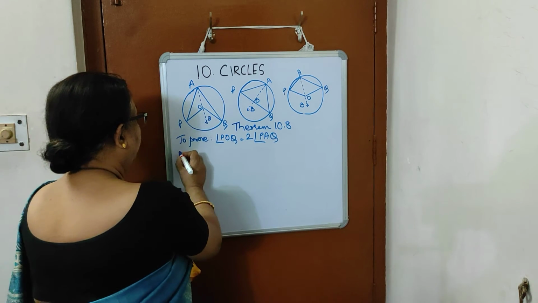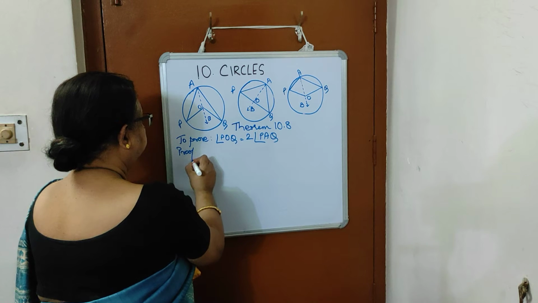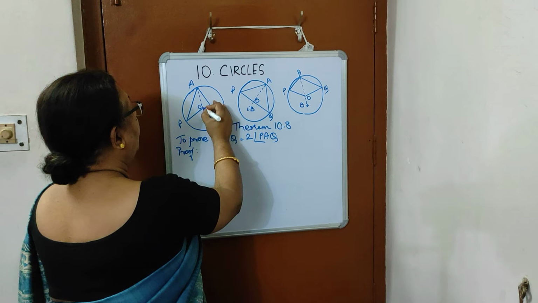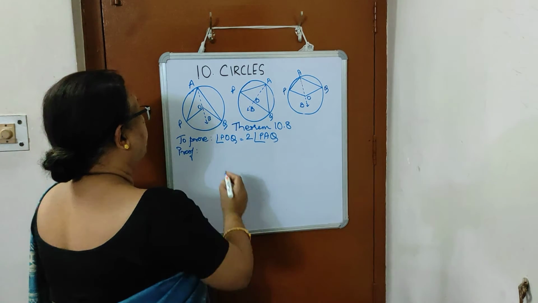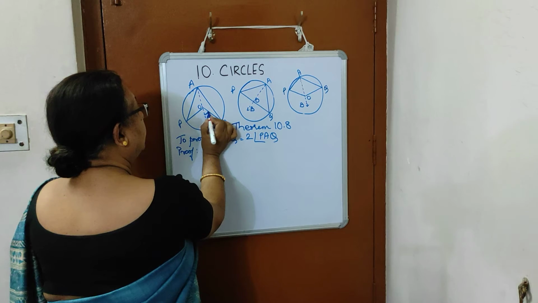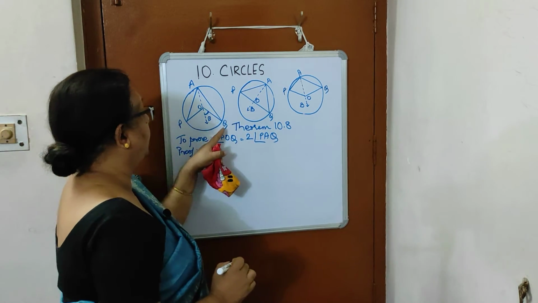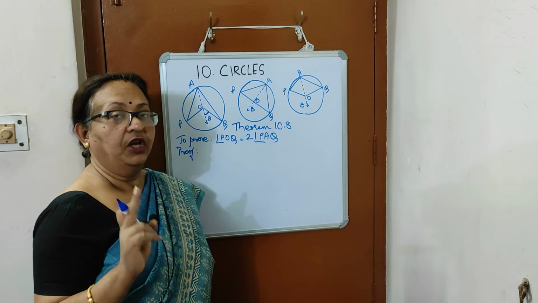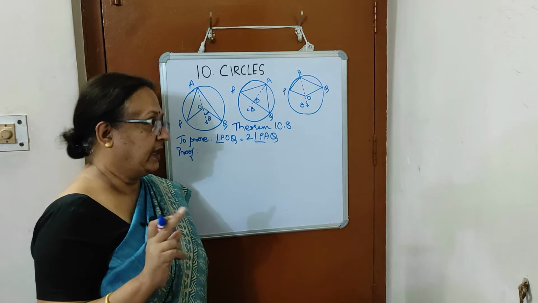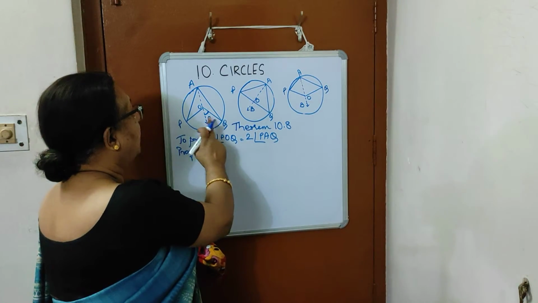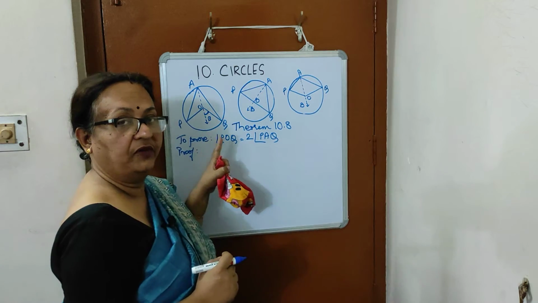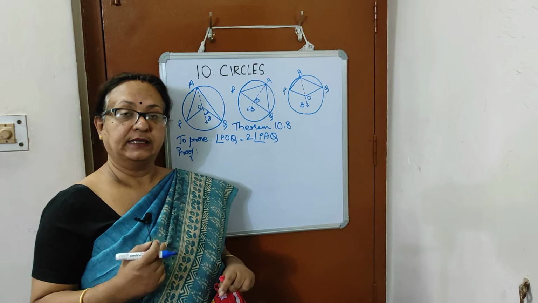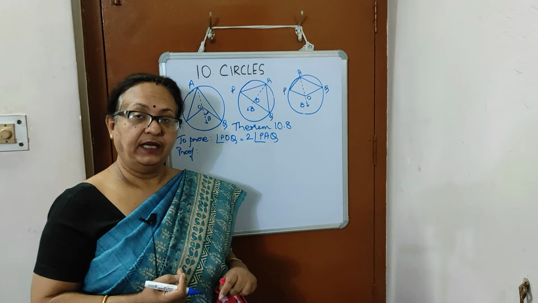Now see here, proof. Now consider this triangle OAQ. In this triangle, angle BOQ is an exterior angle of the triangle. Isn't it, children? You know what is an exterior angle? So this angle BOQ is an exterior angle of the triangle, and you know the exterior angle of a triangle is equal to the sum of the two opposite interior angles.